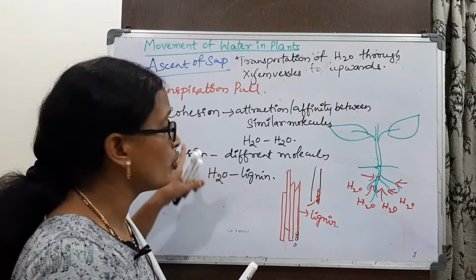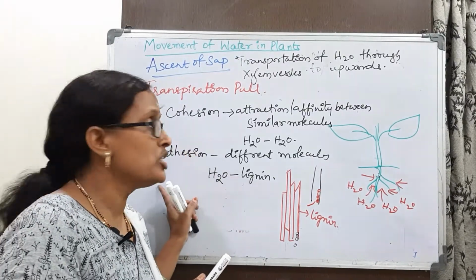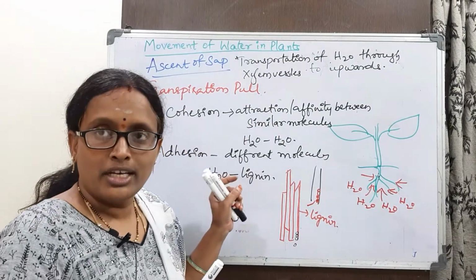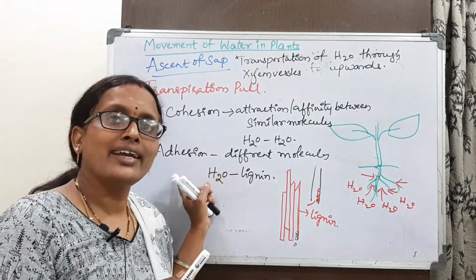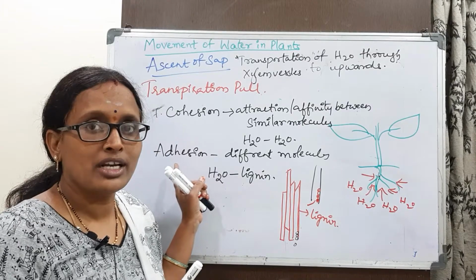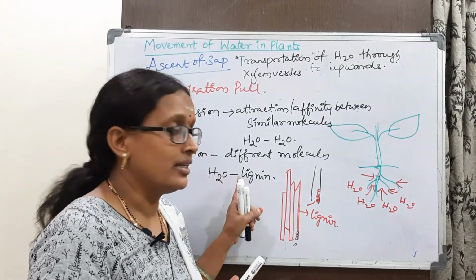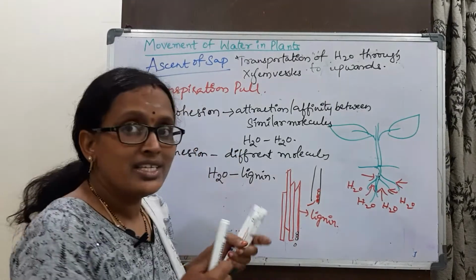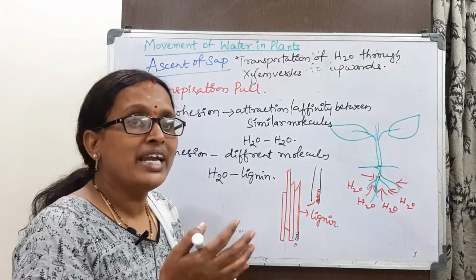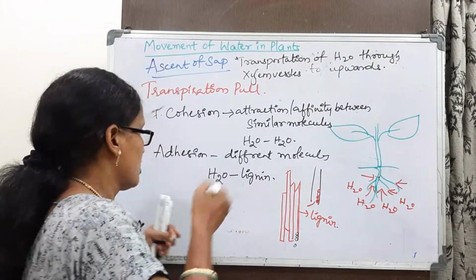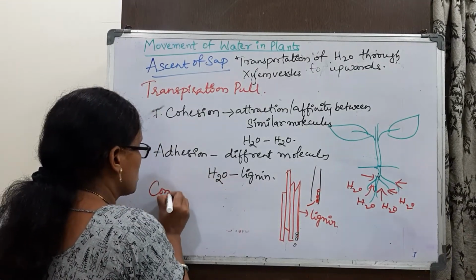So here the two forces are cohesion and adhesion. Attraction between similar molecules is the cohesion property, and adhesion is attraction between dissimilar molecules, that is, between water and lignin. Both these properties help the water maintain a continuous column of water in the xylem vessels.